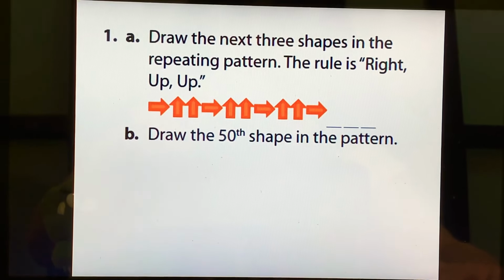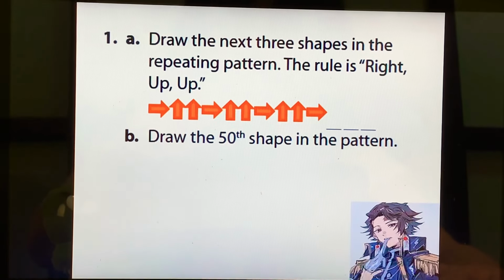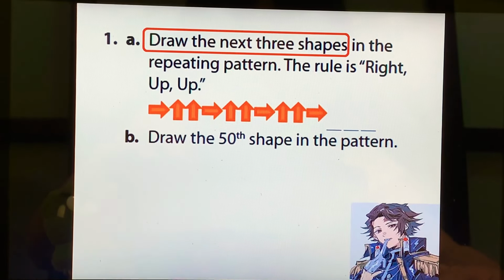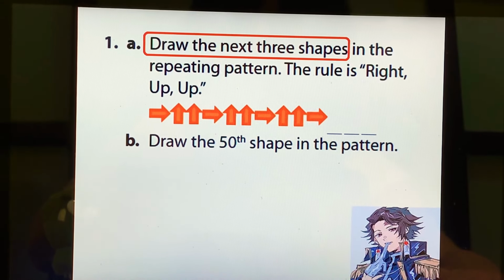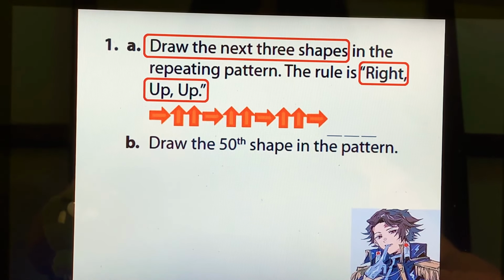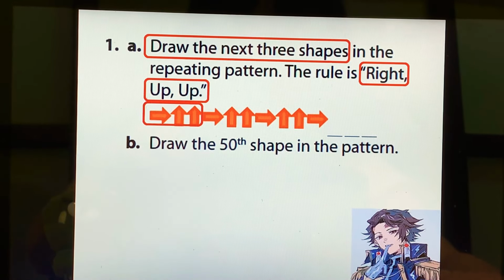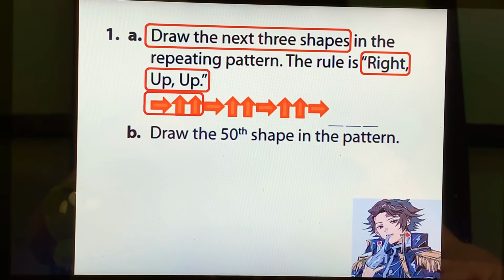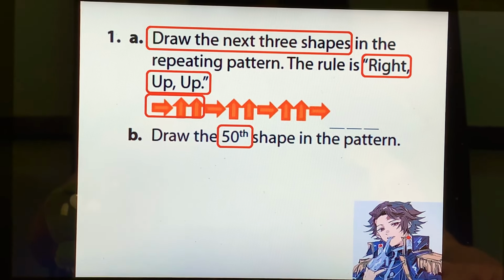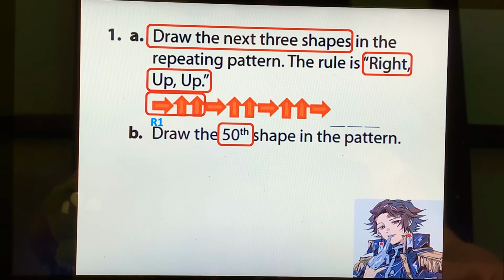1. Draw the next 3 shapes in a repeating pattern. The rule is right up, up, right up, up. Draw the 50th shape in the pattern.